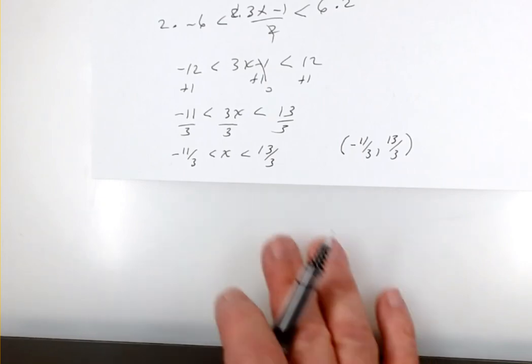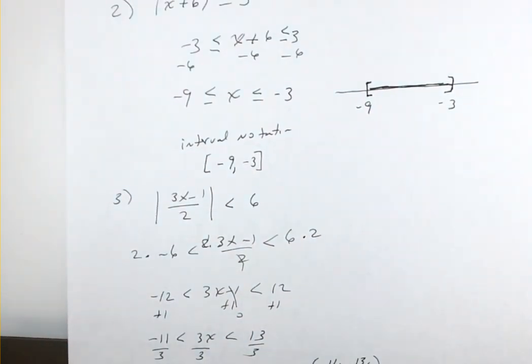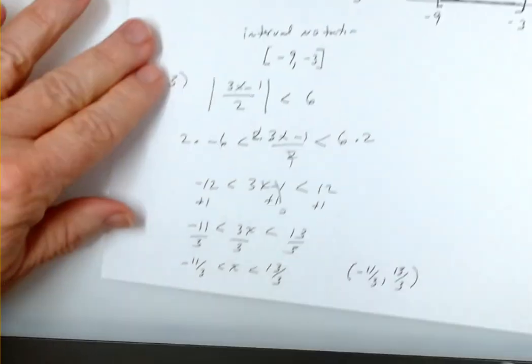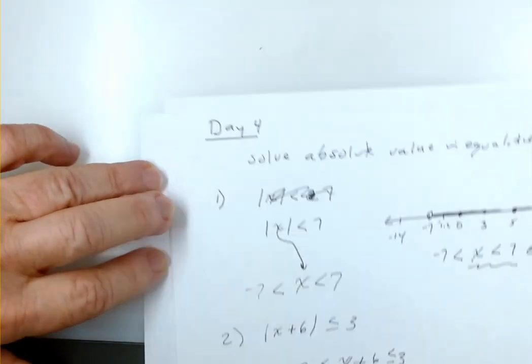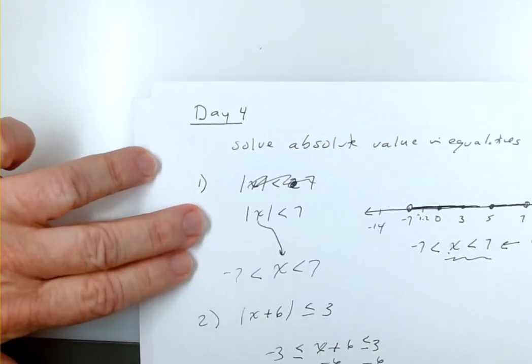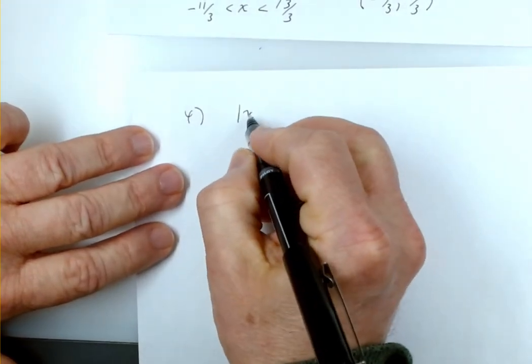All right, so here's number 4. A while ago we did absolute value of x is less than 7, right? Now we're going to do absolute value of x is greater than 7.